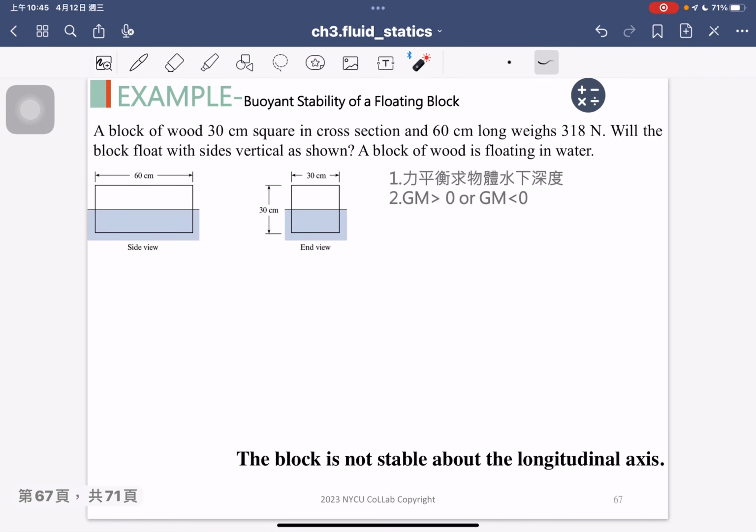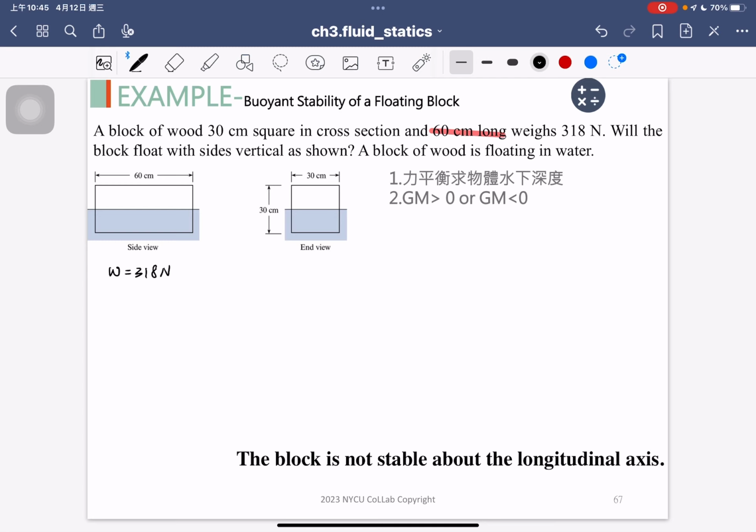Okay, so we have a very simple exercise. I just put a block of wood, and the block of wood has a square cross-section with side 30 centimeters, and the length of the block is 60 centimeters long, okay? And we know that the total weight of the wood is 318 Newton. So I can write down some information: the total weight is 318 Newton.